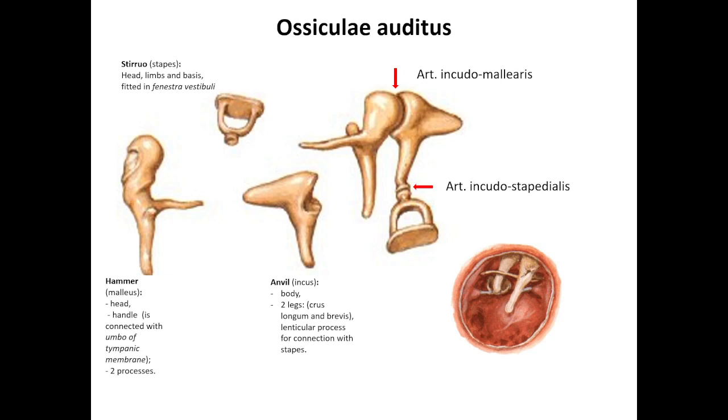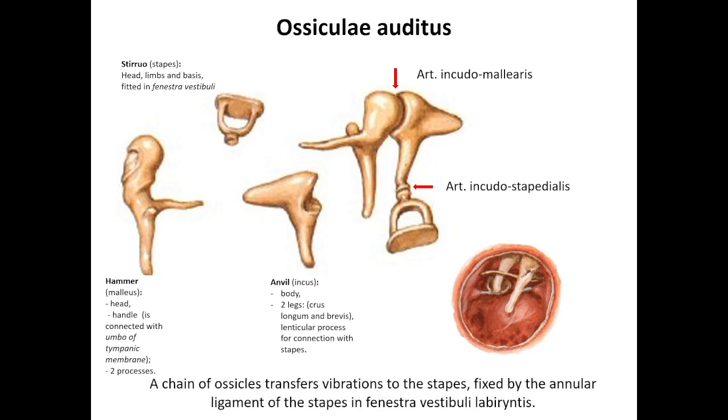But we can't see these portions of bones. Why? Because they are above the tympanic cavity in recessus epitympanicus. They are located here. A chain of ossicles transfers vibration to the stapes, fixed by an annular ligament of the stapes in fenestra vestibuli labyrinthi.